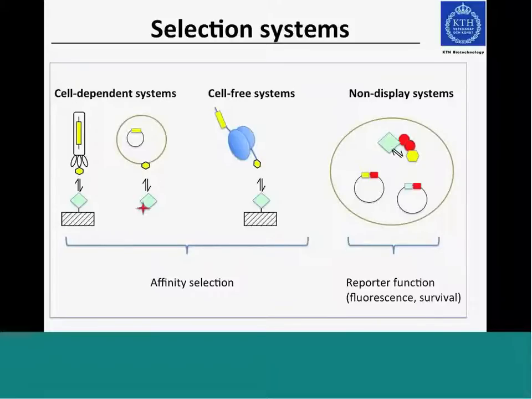So the main idea is that every candidate of the library is expressed on a cell or a phage particle and physically linked to the gene encoding the same library member. So by mixing the big population of phage with your target protein, normally immobilized to solid support, you may select for proteins that are binding, and at the same time you select the genetic information providing the characteristics of this particular library member.